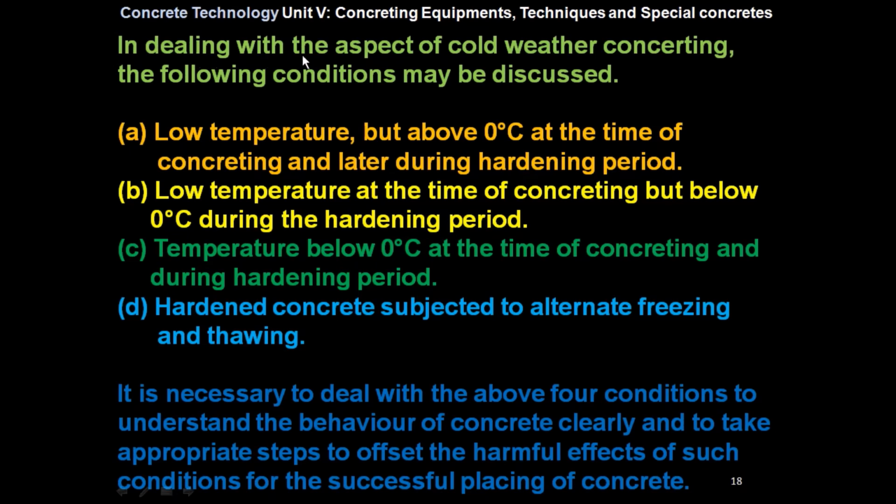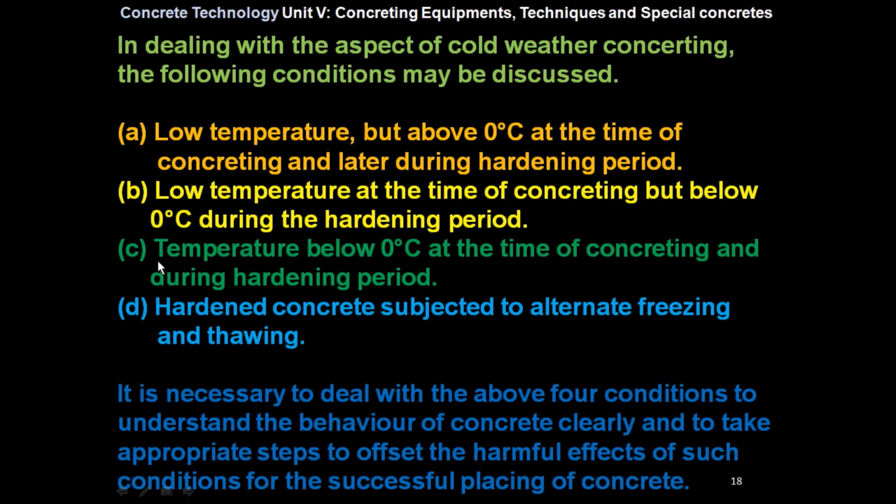In dealing with the aspect of cold weather concreting, the following conditions may be discussed. First is the low temperature but above 0 degrees Celsius at the time of concreting and later during hardening period. Second, low temperature at the time of concreting but below 0 degrees Celsius during the hardening period.